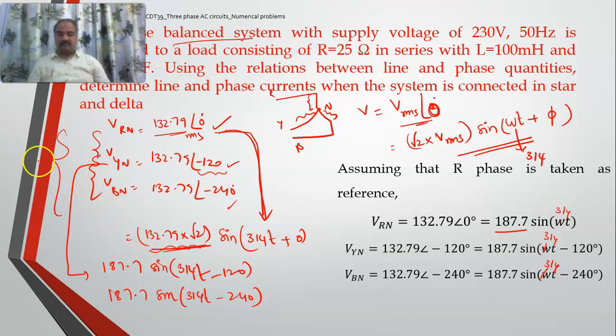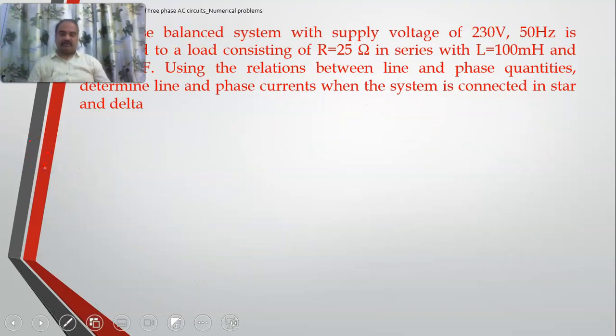Sorry, these are the phase voltages. Now, if you want to go with the line voltages, how do you get the line voltage? Now you do have the phase voltage VRN, right? What was VRN?